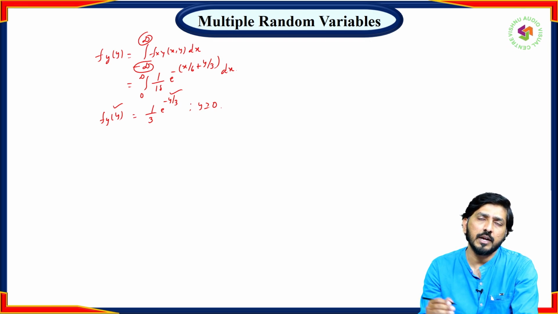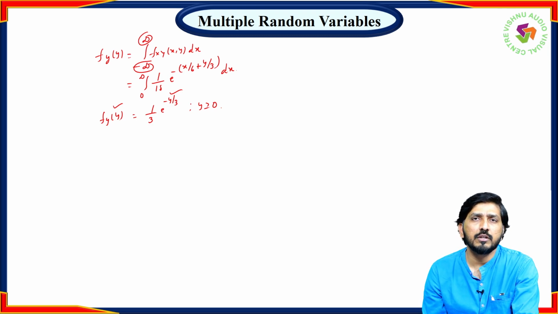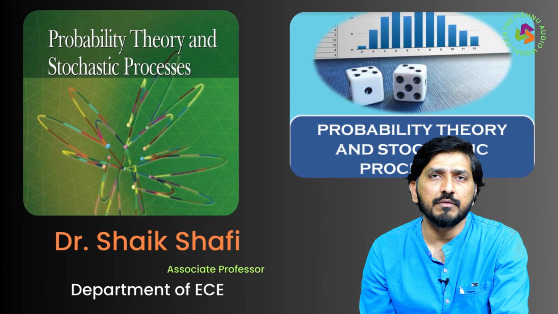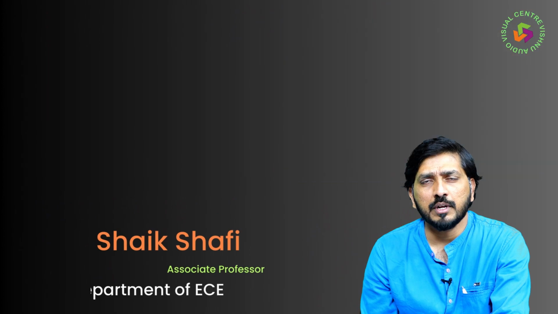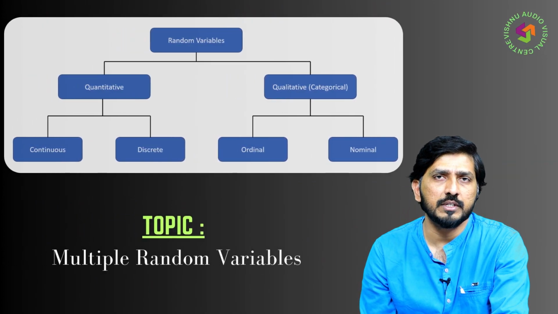How the random variables are spread can be obtained using distribution, joint distribution and marginal distribution, joint density and marginal density functions. Next class we will see the statistical independence of random variables, that is, in terms of distribution as well as density functions. That we will see in the next class.